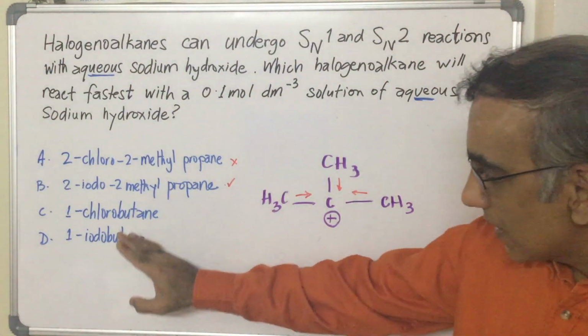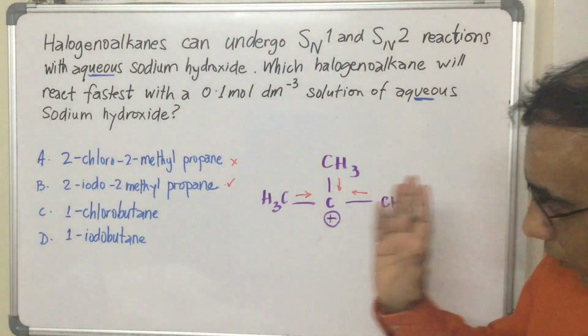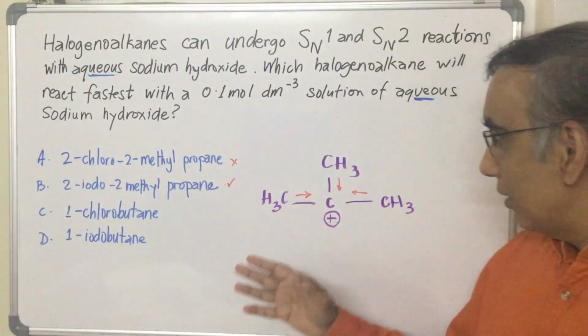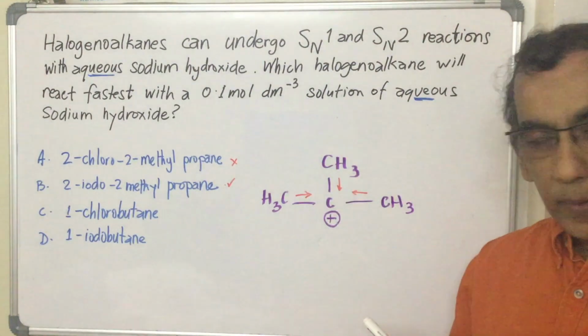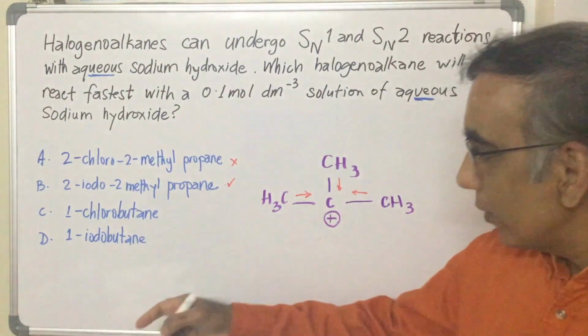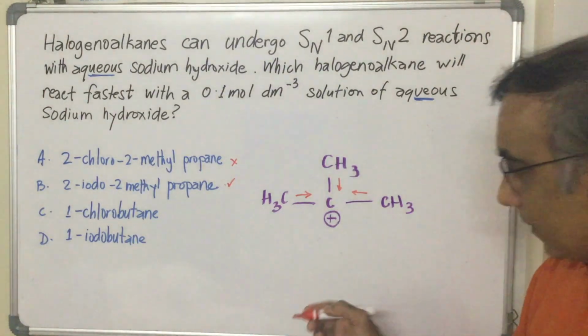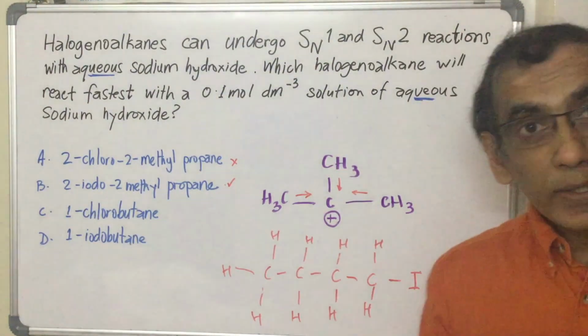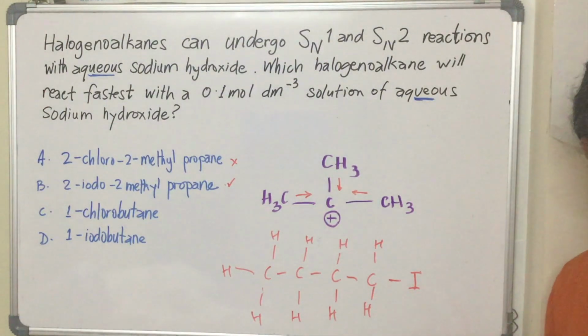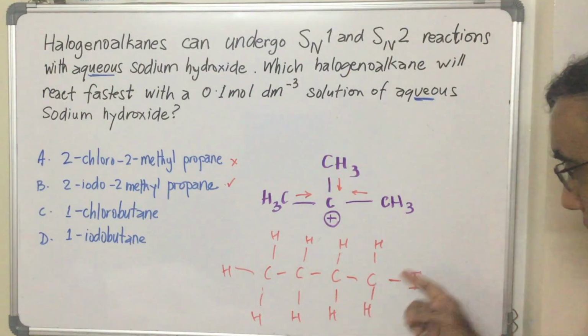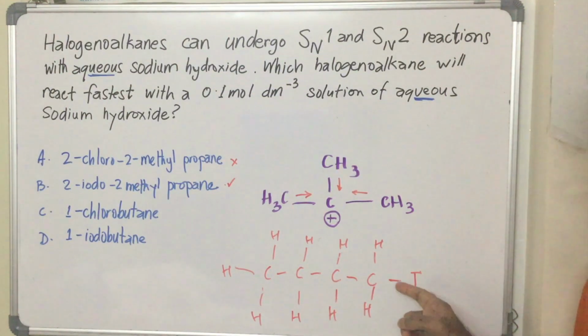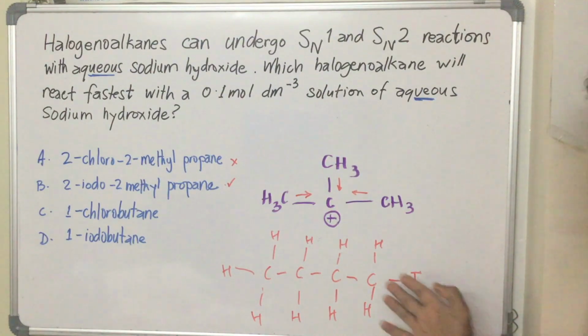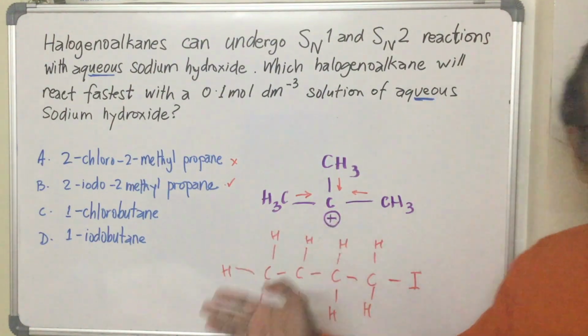Now looking at C and D, you'd realize that they are not tertiary halogenoalkanes. 1-chlorobutane and 1-iodobutane would look like this. 1-iodobutane has this structure here: 1, 2, 3, 4, butane, with the 1 for the iodo on carbon 1. So 1-iodobutane.